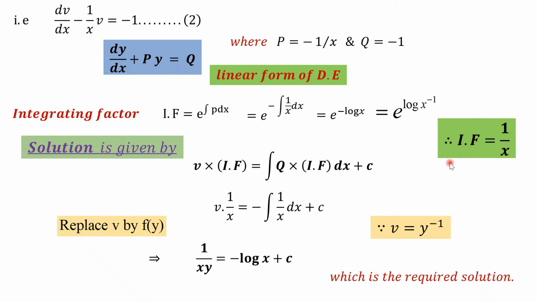From this we get v × (1/x) = ∫ (-1/x) dx + c. Now replace v by a function of y, as we had taken v = y^(-1). Thus we get 1/(xy) = -log x + c.